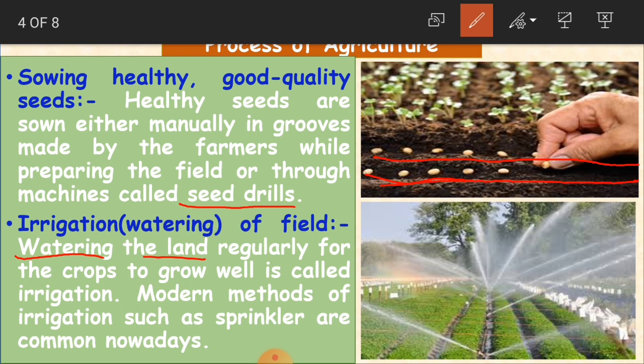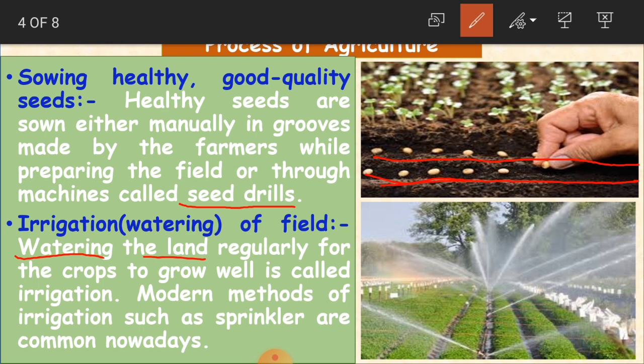To grow well, to get a good crop. I am not saying plant here, I am saying crop. Many plants together in a large field, we call a crop. So we have to water it. Watering this crop regularly is known as irrigation.